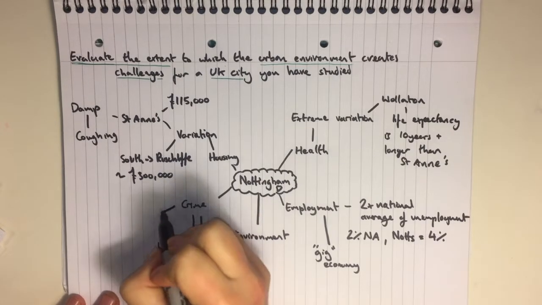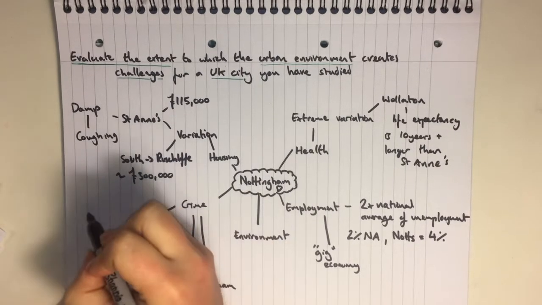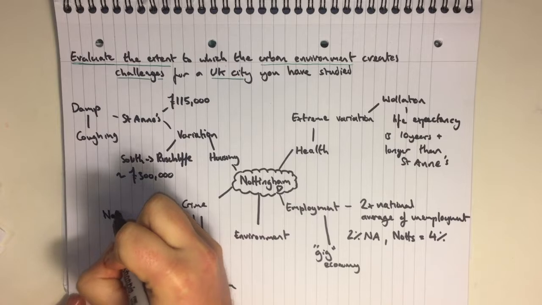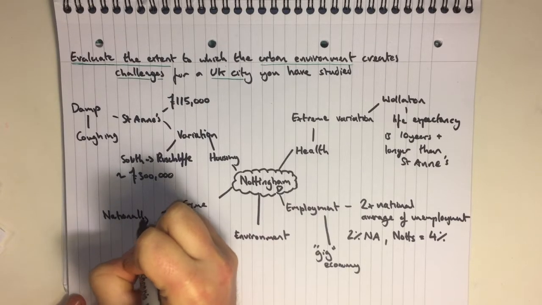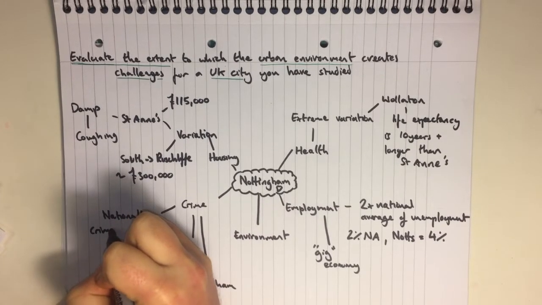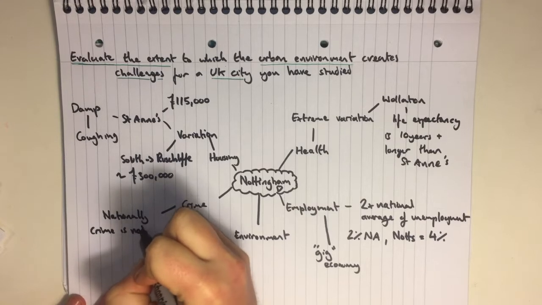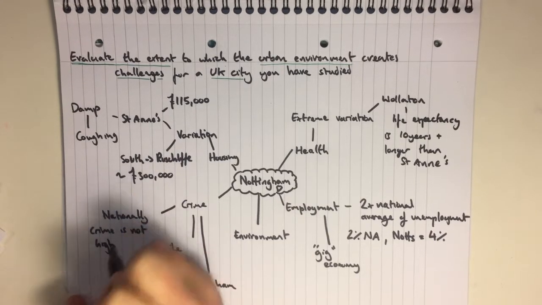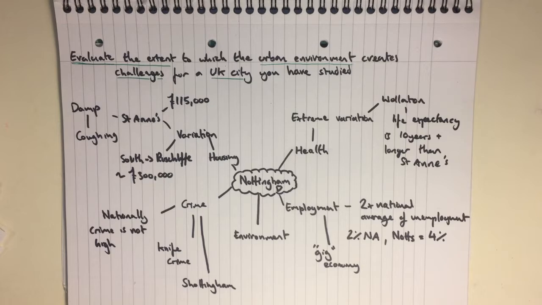Finally, and I think this is really important to note, nationally, crime is not that high. i.e., it doesn't sit that unusually with other cities of the same size. It's not like an area such as London, where it has large problems.